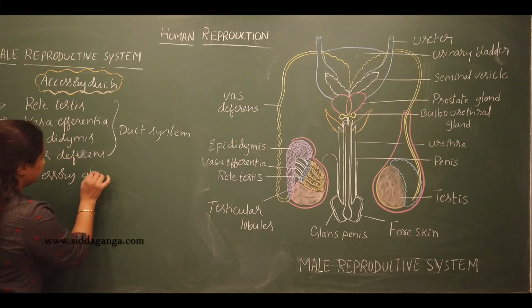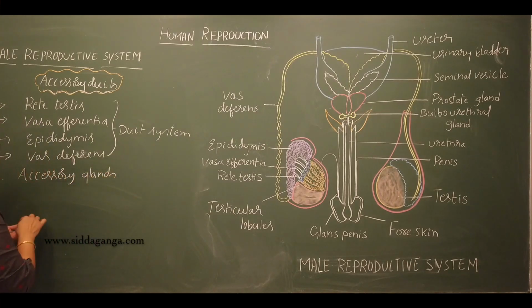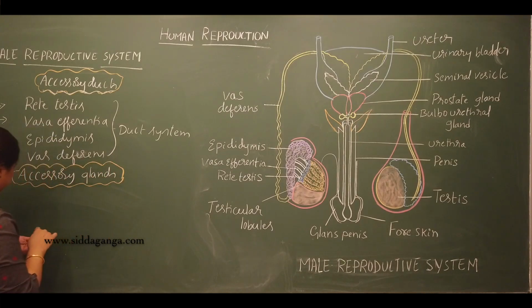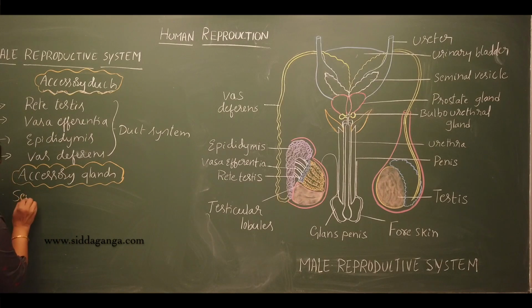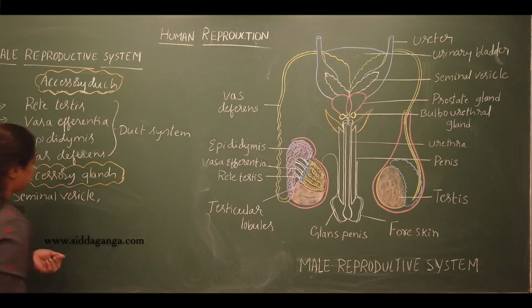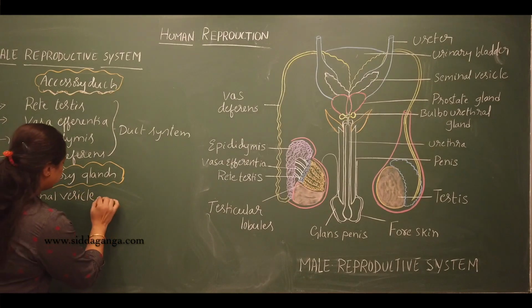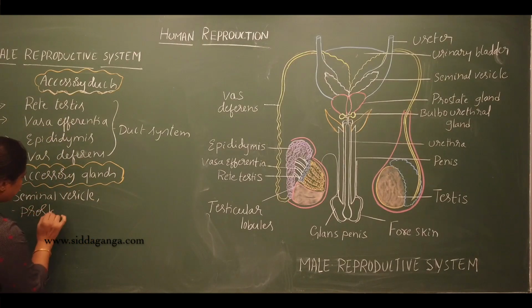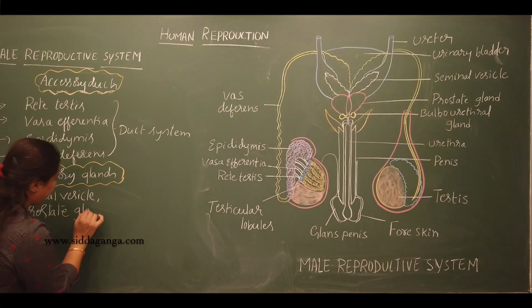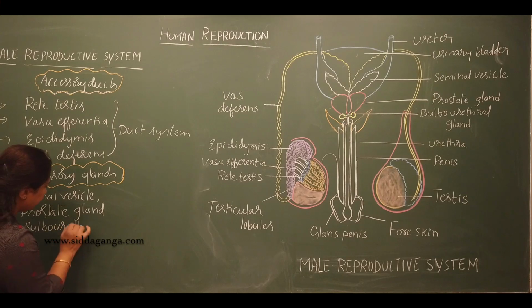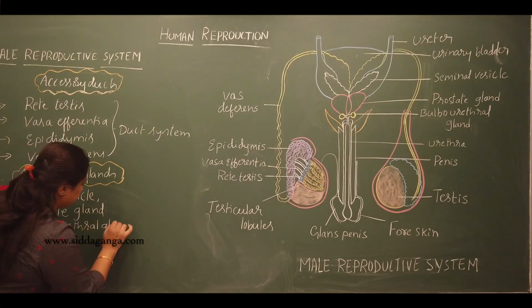Accessory glands. So these accessory glands include a pair of seminal vesicles, a single prostate gland, and a pair of bulbourethral glands.